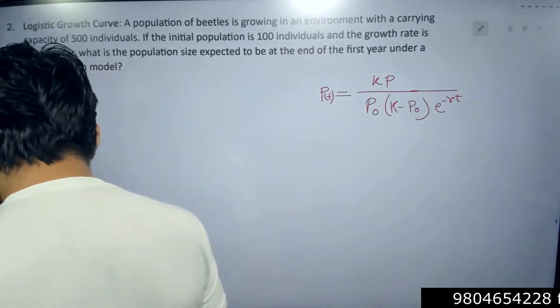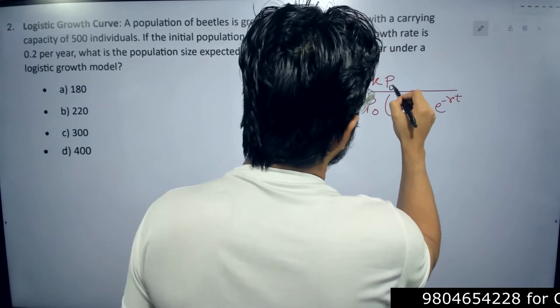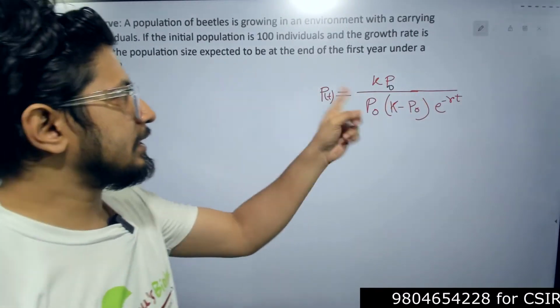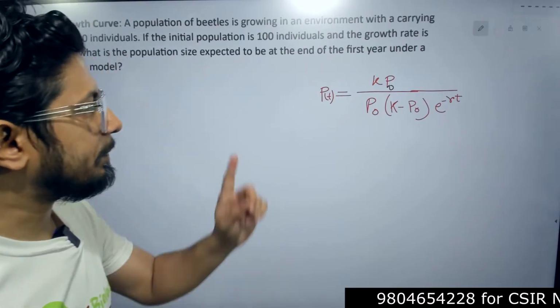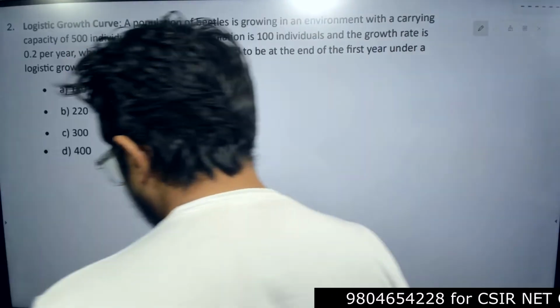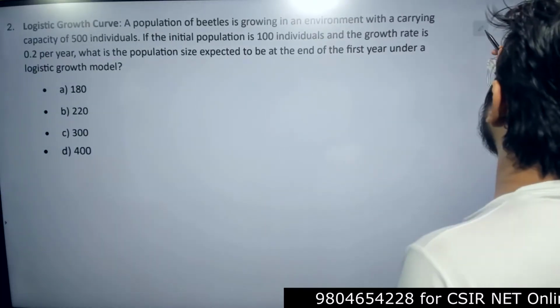This formula looks really scary for a biology student, but actually it's not that complicated. So that will be the population growth: K into P0, divided by P0 into K minus P0 into e to the power minus RT. In order to answer this question, we need to know the formula first.